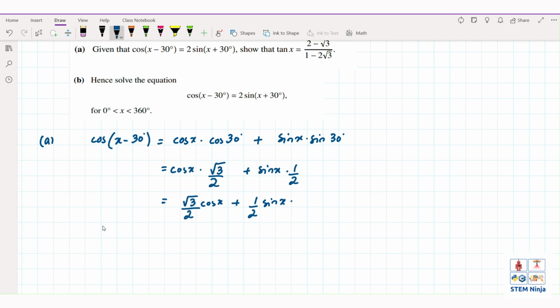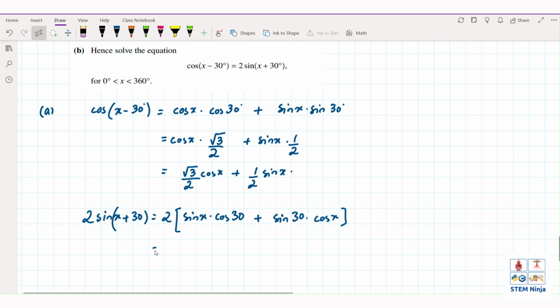Now let's see the other side. We have 2 sine of x plus 30. So 2 square brackets, sine x cos of 30 plus sine of 30 cos of x.